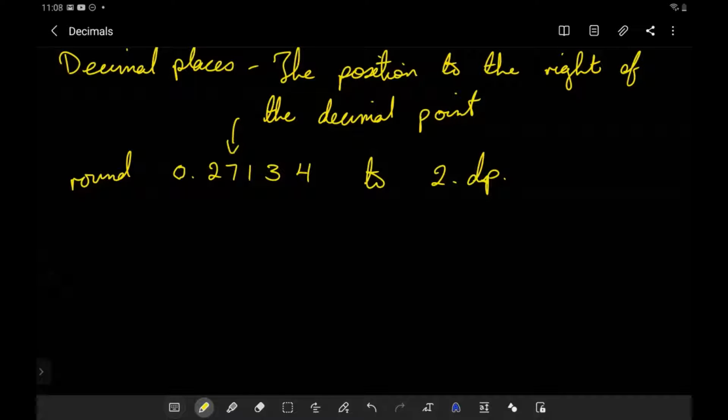And if the number after that place is greater than or equal to 5, you add 1 to the number, but if it is less than 5, then you leave it alone. So if I was to round this to two decimal places, I would have written 0.27. Notice that I only have 2 decimal places here, which is what they asked me for.